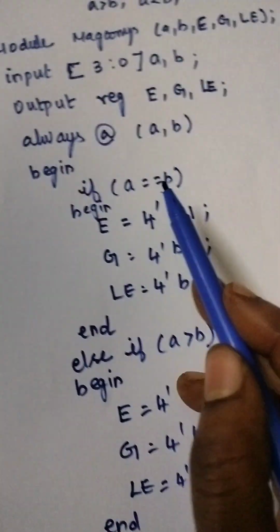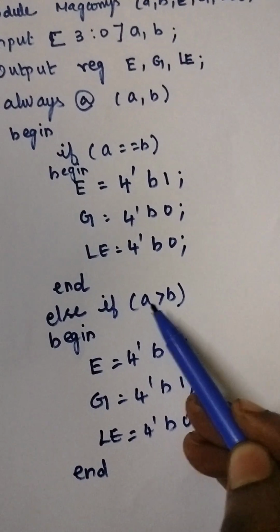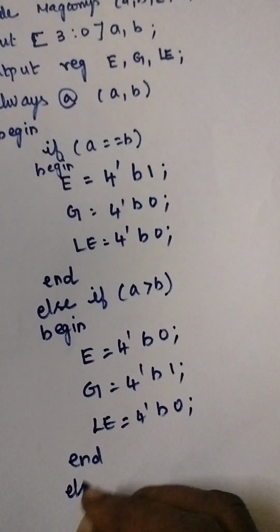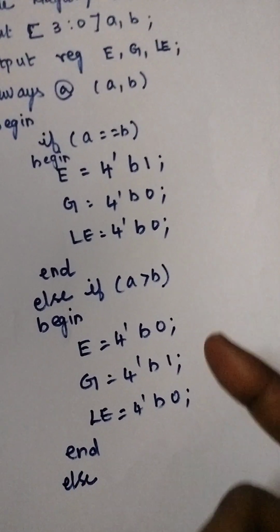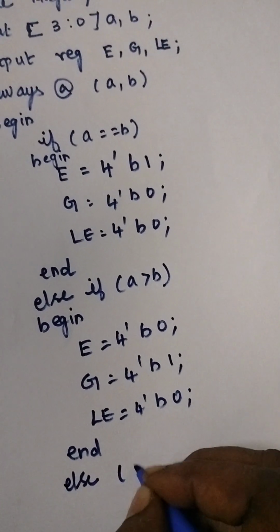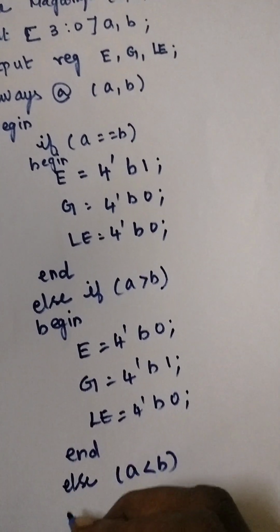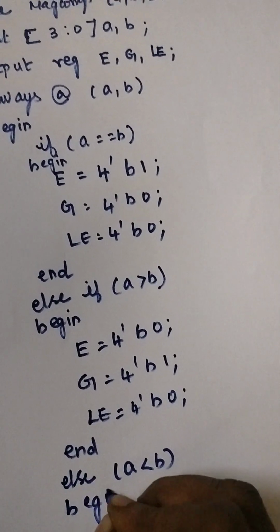Again I have completed the if statement, the else if I have completed, and final is your else. Else means we have completed two statements. The final one is going to be your a less than b. Again begin your statement.